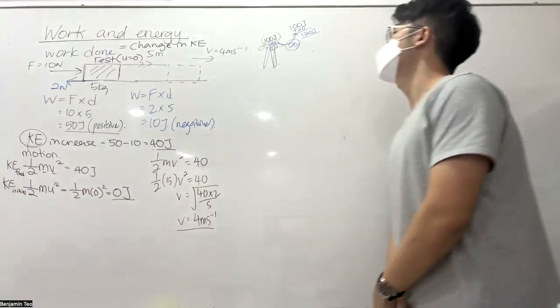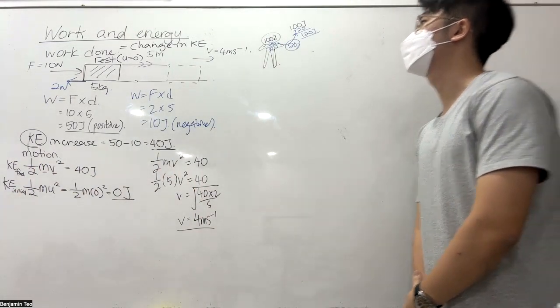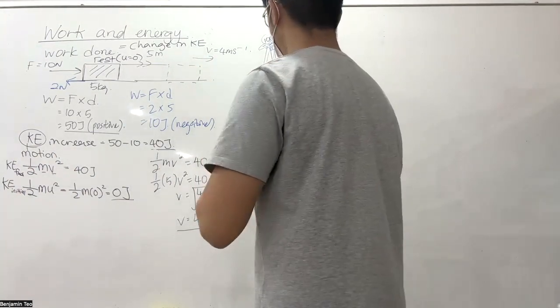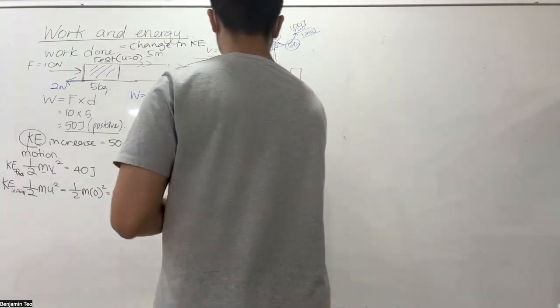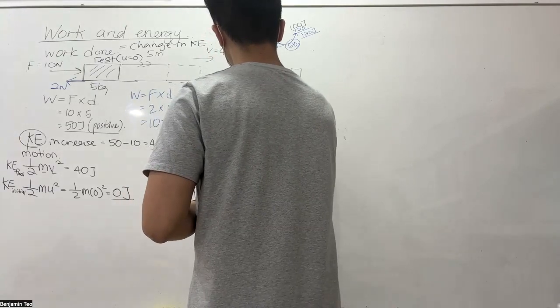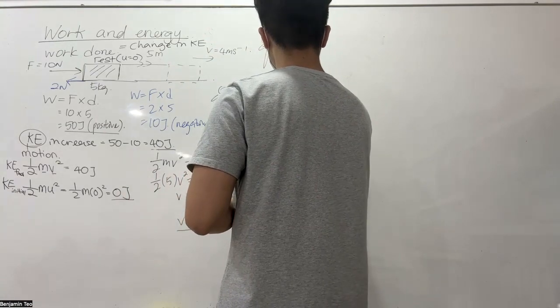Now, one thing for work, what is the condition we just talked about? Your distance and your force must be in the same direction. So let's say I carry a box weighing 5 kg up the stairs, 3, 4, 5 meters.